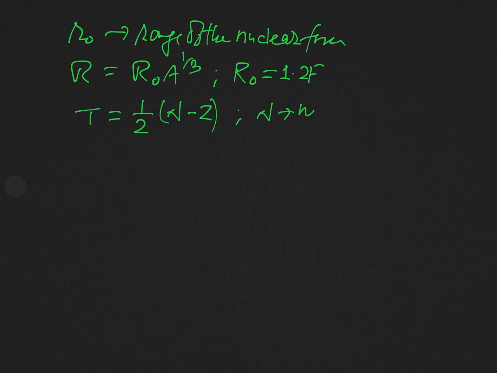Here N is the number of neutrons in the nucleus and Z is the number of protons. So this N minus Z is the excess number of neutrons over protons. In fact, in the nuclei of higher mass number A, always N is greater than Z, so this will be a positive number.